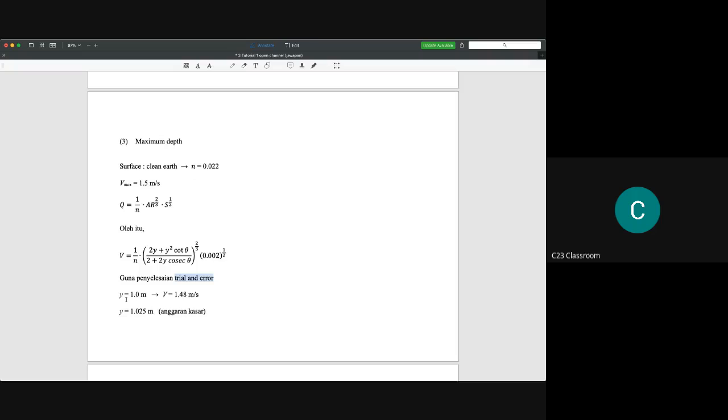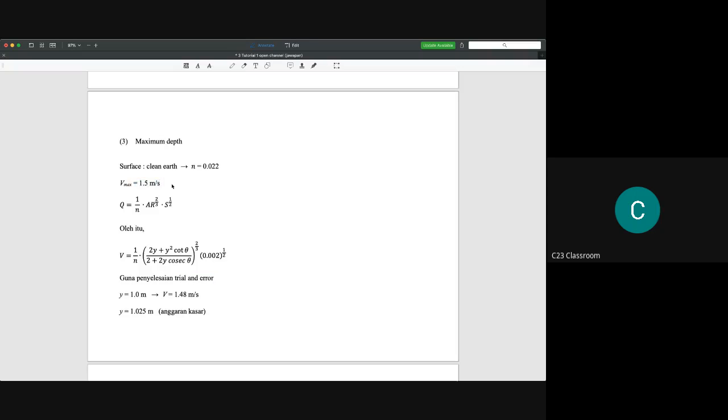For example, if I substitute 1.0 meter, the value is 1.48. Then I adjust, increasing the value of y, and finally I can assume that when y is equal to 1.025 meters, the velocity will be equal to 1.5 meter per second.